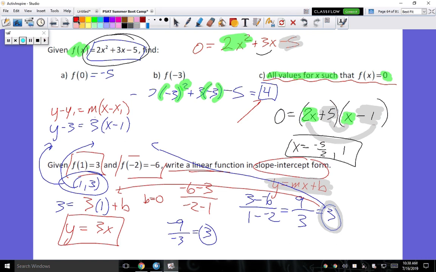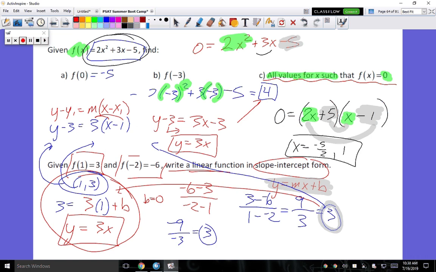If I distribute this, I get 3x minus 3 on the right, and when I add that over, I still get 3x. The reason I want to show you that is because I believe you'll have fractions or more difficult numbers, and finding that b would be a little more daunting this way, from experience watching students test throughout the years, than if you were to do it with the point-slope formula. I'm huge on encouraging point-slope. Okay? Alright.